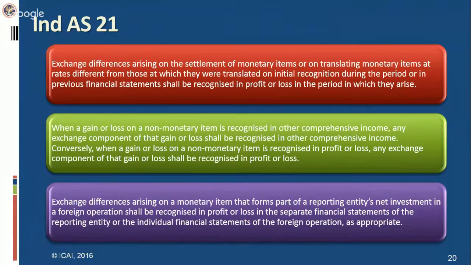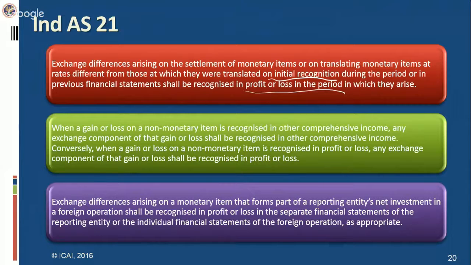All the exchange differences arising on the settlement of monetary items or on translating monetary items at rates different from which they were translated at the time of initial recognition, at the time when you first recognize them, during the period or in previous financial statements shall be recognized in profit or loss in the period in which they arise. So at the time when they were initially recognized and at the time when they arose.